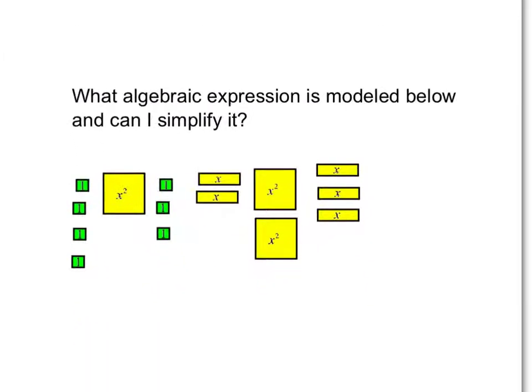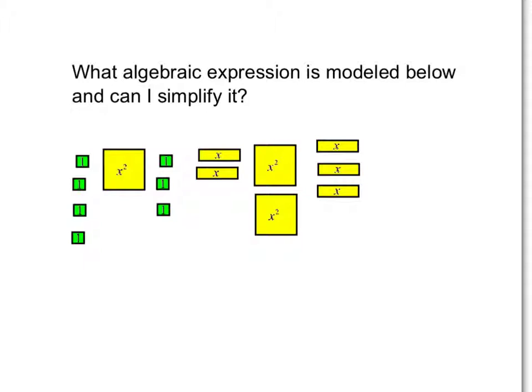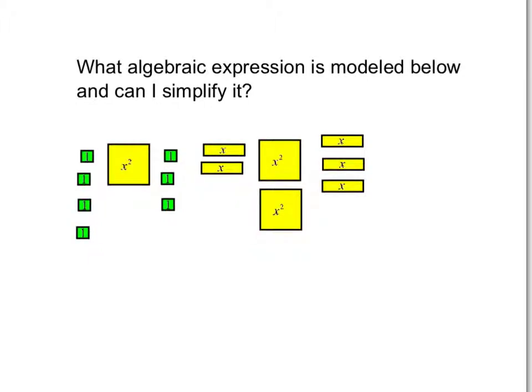Now, when I'm actually doing this in the homework, what I tend to do is use a lot of geometric shapes to pair up my like terms, or sometimes there's more than 2 like terms. I've modeled an algebraic expression and ask you to think about, before I actually write it down, what is actually here, and then we'll decide if we can simplify it, if we have any like terms.